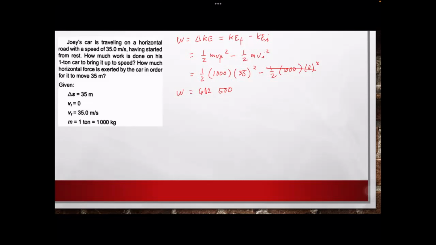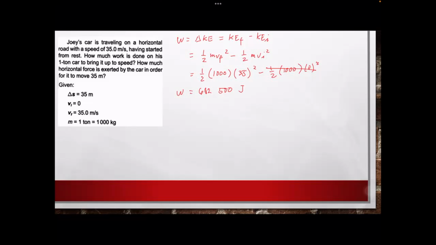Correct tayo, 612,500. Tama. Ayan, joules. That is the work for the kinetic energy theorem.